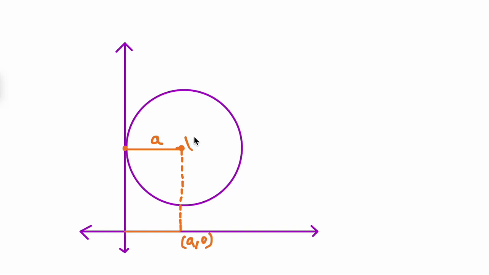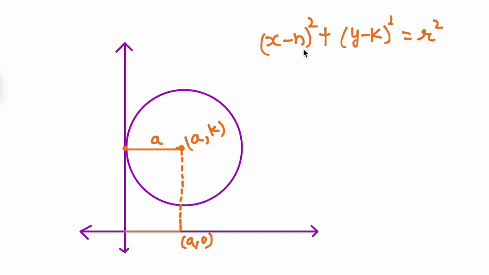That means h will be equal to a, but k will be k. So if the general equation is x minus h whole squared plus y minus k whole squared is equal to r squared, here h and r are both replaced by a. So x minus a whole squared plus y minus k whole squared is equal to a squared.